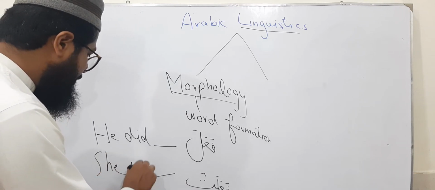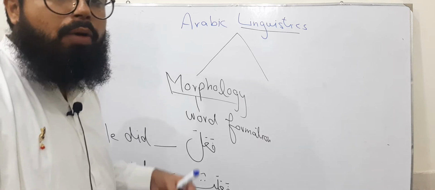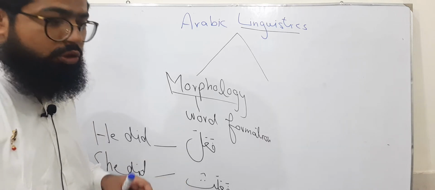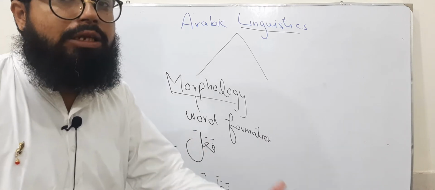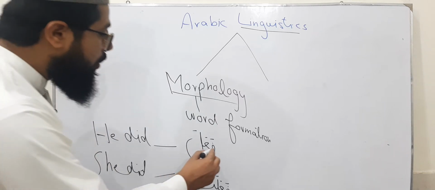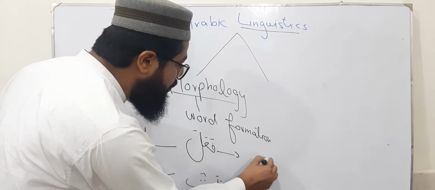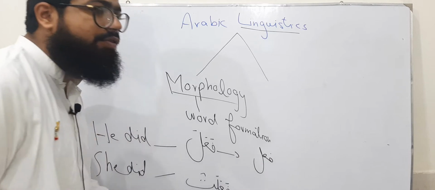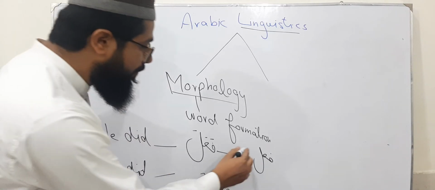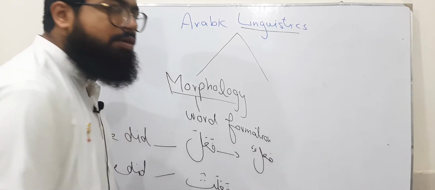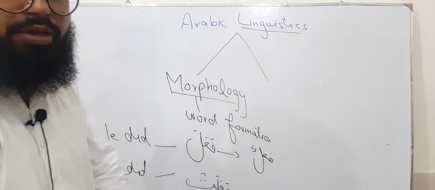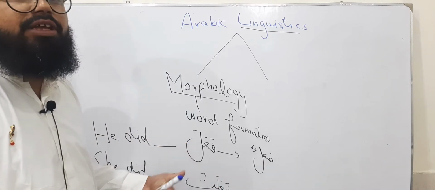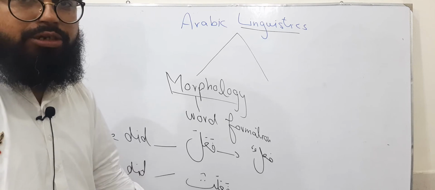Dear students, there are proper rules to change one word into another word. Obviously, the root word is fa'alun, which means to do something, doing something. And fa'ala means he did, fa'alat means she did.